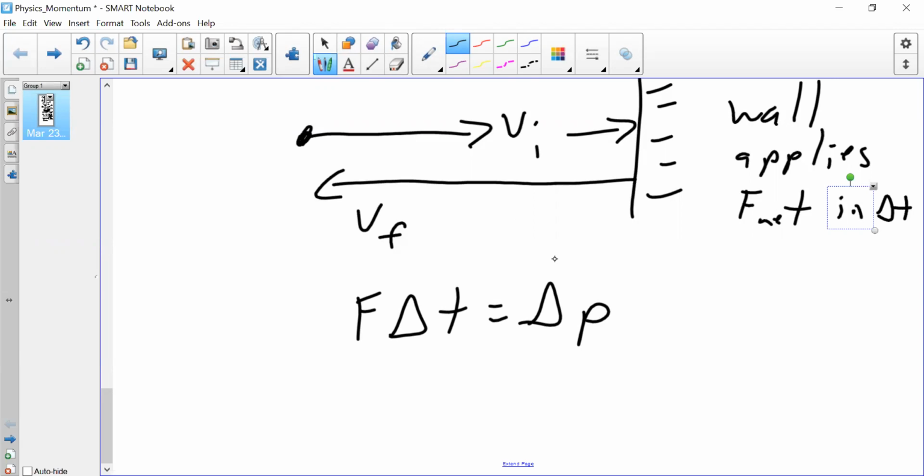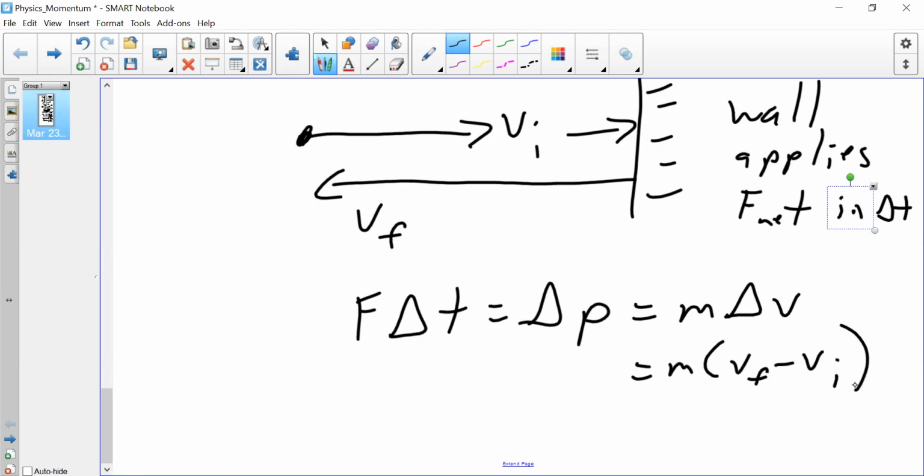So now we can extend this out. We know that delta P is mass times change in velocity. Delta V is also equal to final velocity minus initial velocity. So those are all equivalent statements. This depends on what we have.